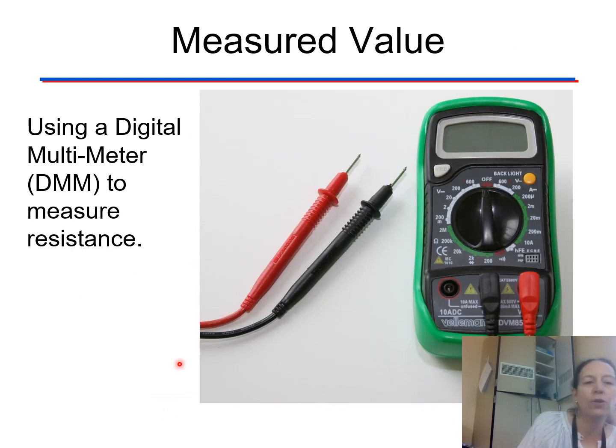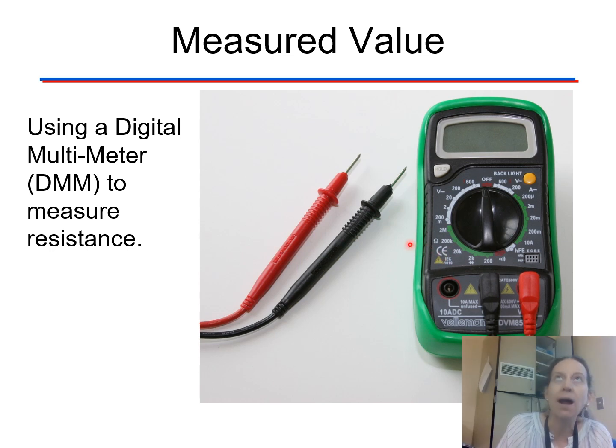That brings us to the measured value. So how do you use your multimeter to measure this? When we go with the ohms, you do need to set it over here on ohms. If I'm looking at that right, you've got your ohms down here in the lower left.